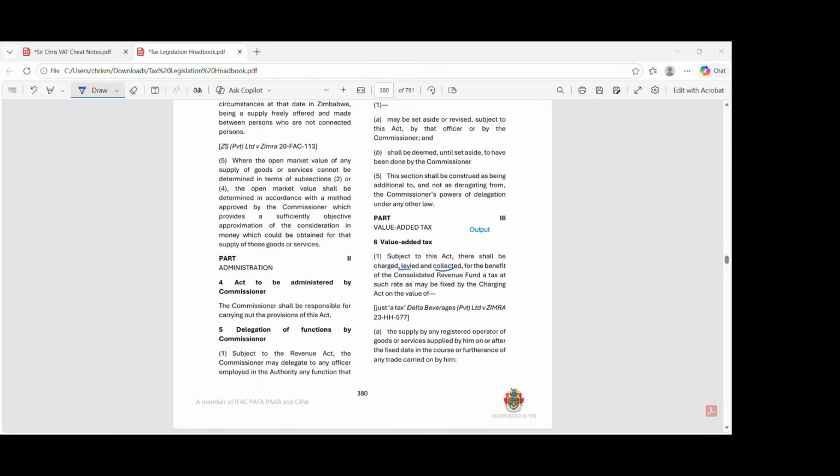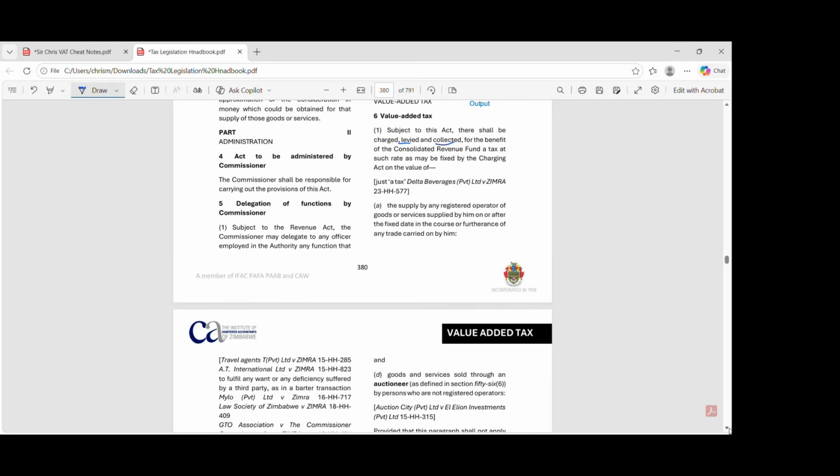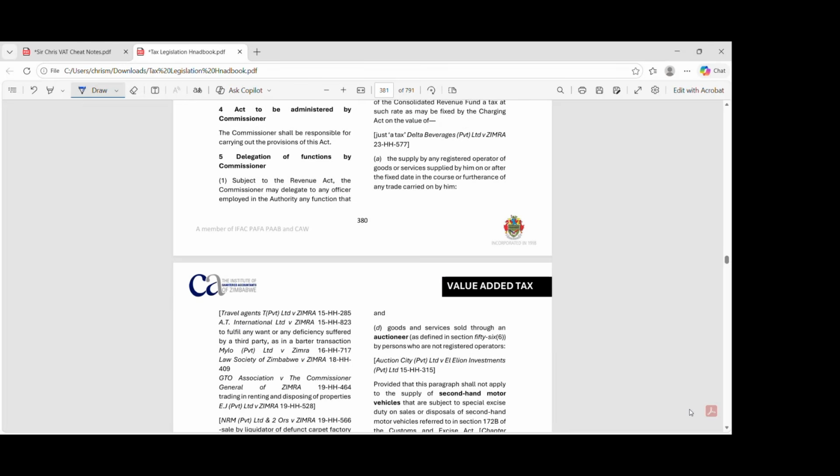It arises because, number one, there is a supply by any registered operator of goods or services supplied by him on or after the fixed date, but in the course or furtherance of any trade carried on by him. Please note, in the course or furtherance of any trade carried on by him.